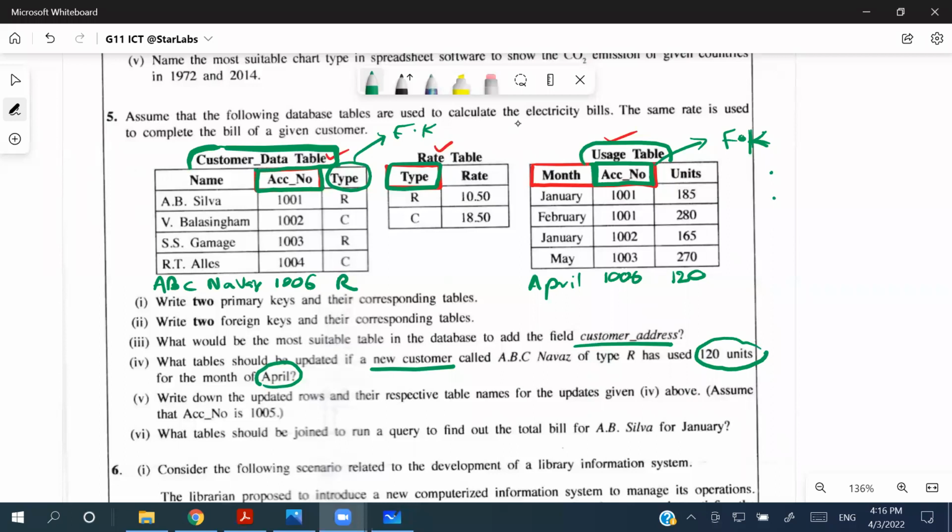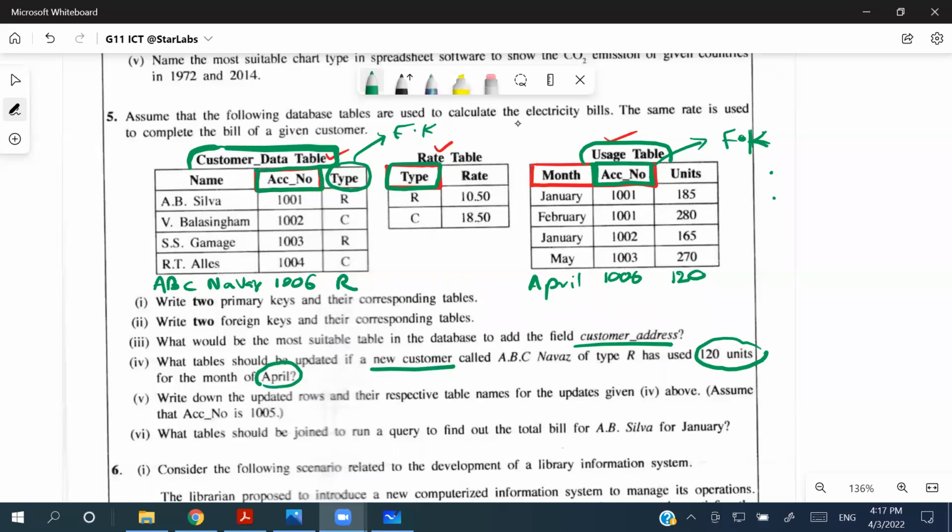Okay. So in the fifth one, they are asking write down the update rows and their respective tables. We have discussed about it. And the last one, what table should be joined to run a query to find out the total bill for AB Silva for January? So total bill for AB Silva for January.